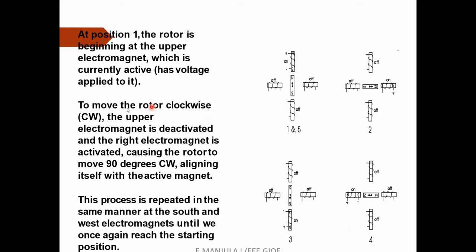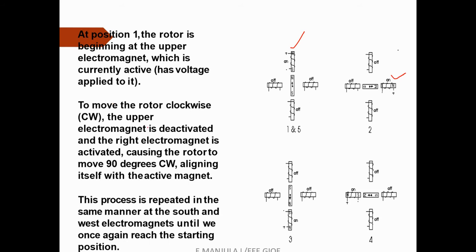To move the rotor clockwise, the upper electromagnet is deactivated and the right electromagnet is activated. So this is first activated, and then this is second activated.